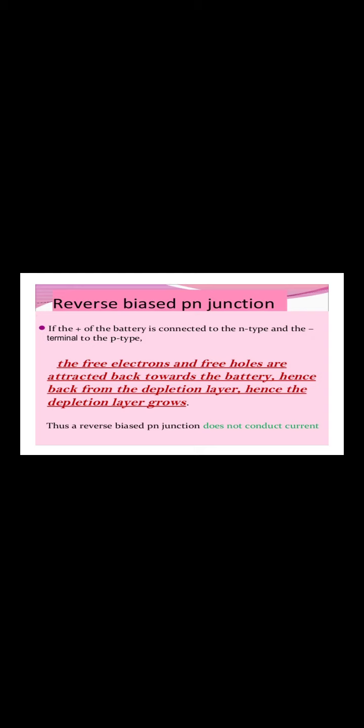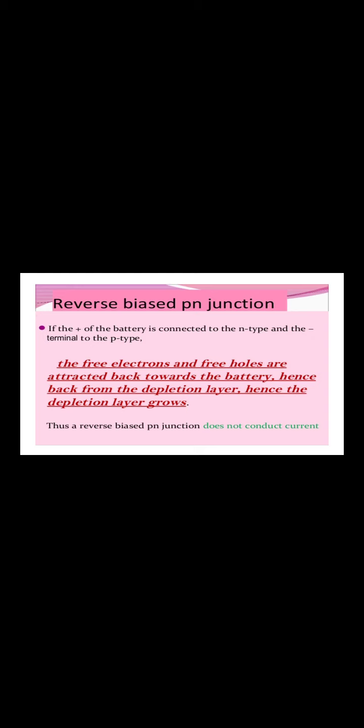In a reverse biased PN junction, as I already told you, the positive terminal of the battery is connected to the N-type material and the negative terminal to the P-type material. The free electrons and free holes are attracted back towards the battery terminals, and hence the width of the depletion layer is increased, so the material acts as an insulator.